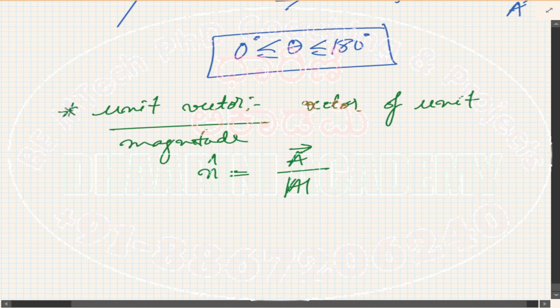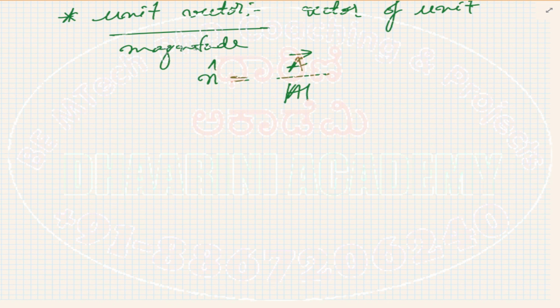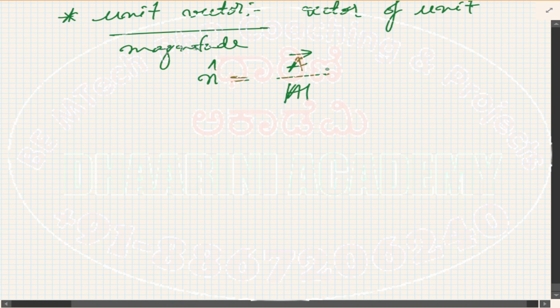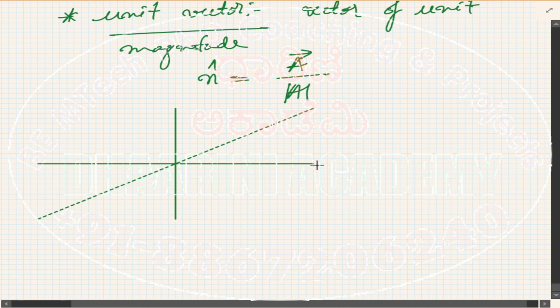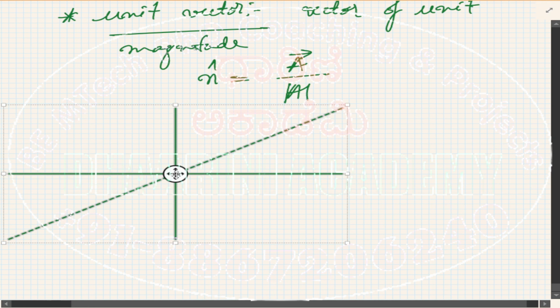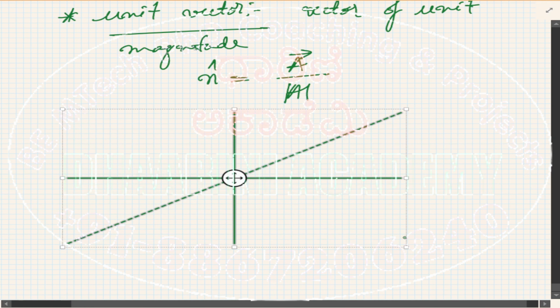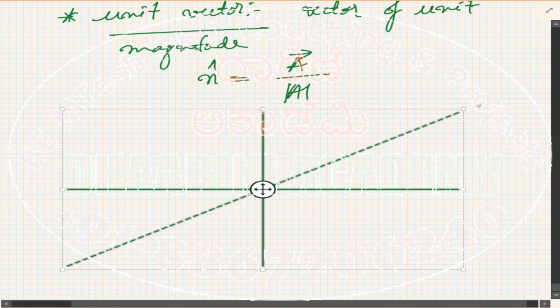Okay, fine. Now let us go to the XYZ coordinate axes. When we write the coordinate axes of this type, let's say this is the original X axis, this is the Y axis, and this is the Z axis.